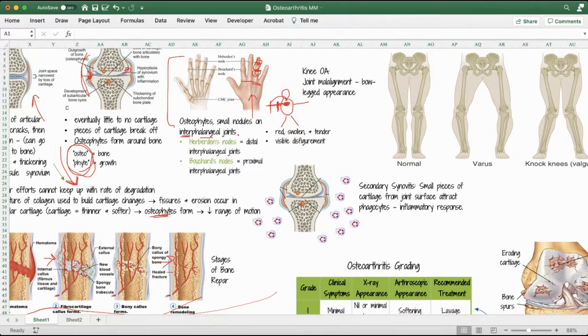These osteophytes tend to form either on the distal or proximal interphalangeal joints in the hands. When they're on the distal, which is the further one, we call them Heberden's. When they're on the proximal joint, we call it a Bouchard's nodule.